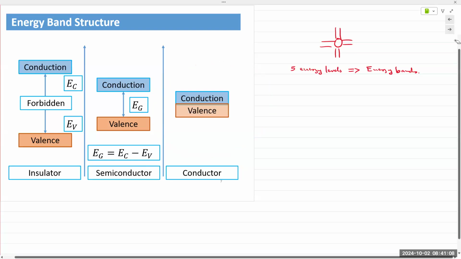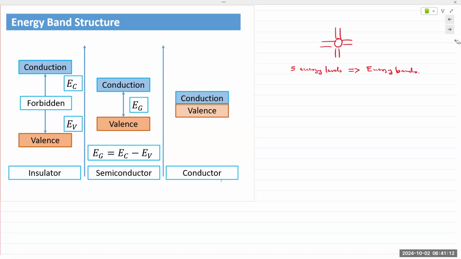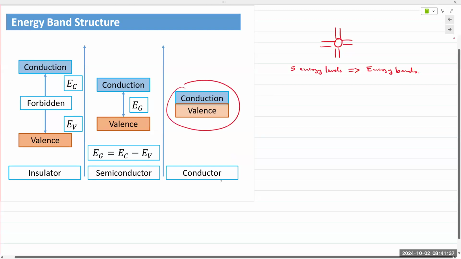We have electrons in the valence band, right? And then what we have is the conduction band, where the electrons are free to move around. Okay. So as I said, there's discrete energy levels in the valence band. And in the valence band, if electrons have enough energy that they're completely free to move about without the application of any external energy, the conduction band and the valence band overlap.